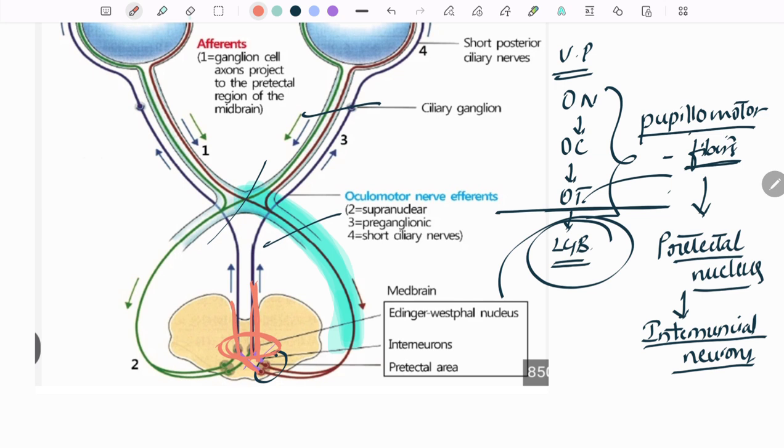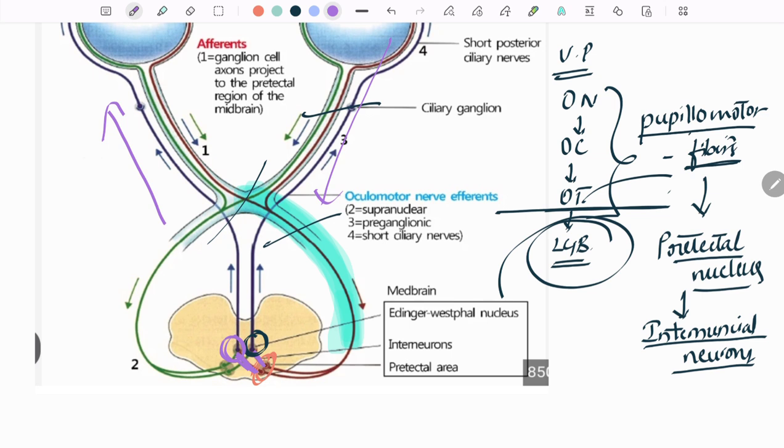Okay, once again, this is the pretectal nucleus, and from the pretectal nucleus internuncial neurons arise. They stimulate the Edinger Westphal nucleus of the same side as well as the opposite side. So that is why, even though the light is falling upon one eye, there is constriction of pupils in the opposite eye?